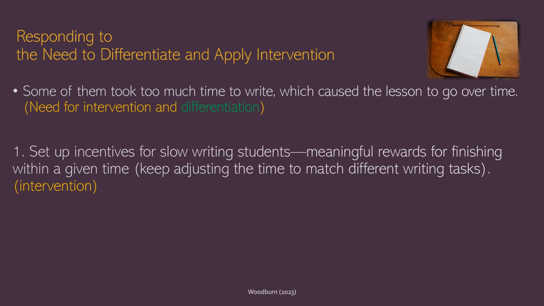So then, a solution would be to set up incentives for slow writing students, meaningful rewards for finishing within a given time. And so the time could be adjusted from time to time to increase the pace at which they write. This is an intervention action.